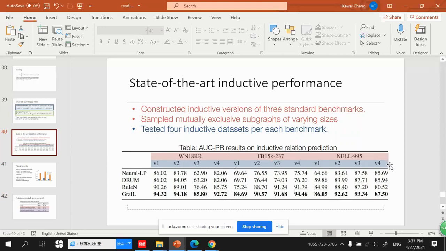So it's not the hyperparameter H? No, it is not a hyperparameter. It's just trying to show that we can create an inductive graph in different ways, and in all these different ways, we can achieve consistently good performance.